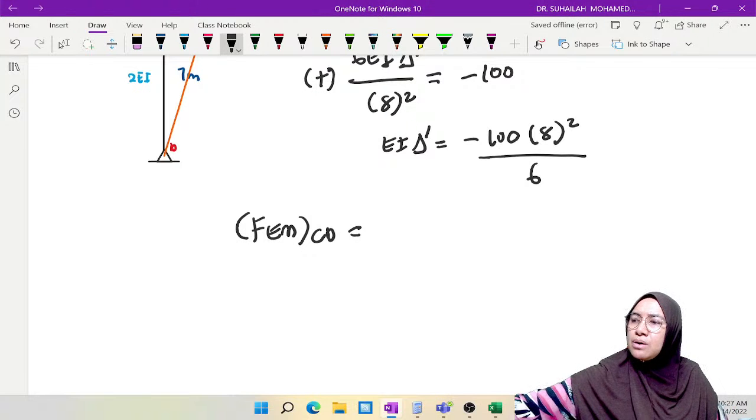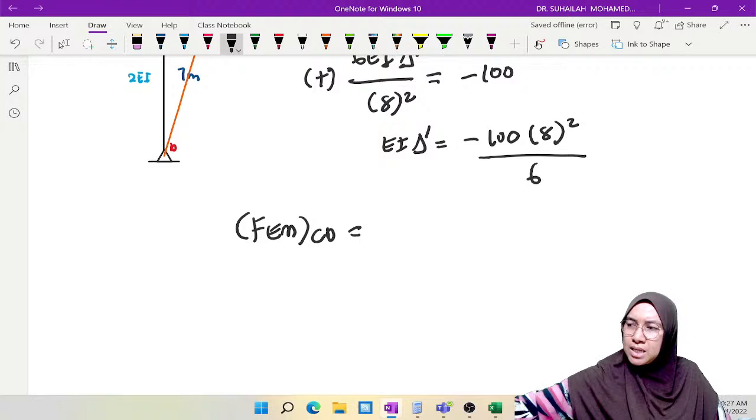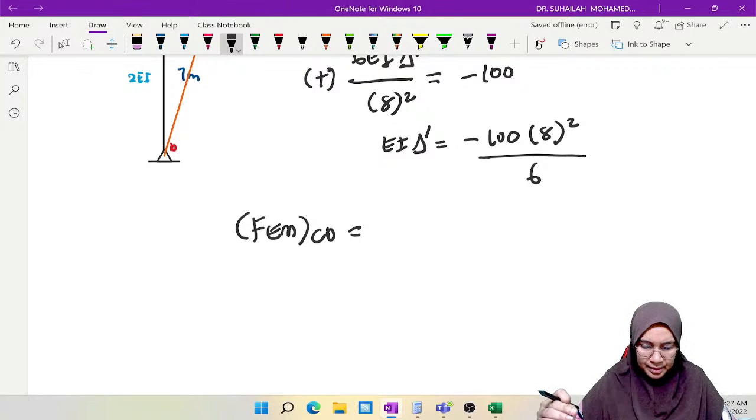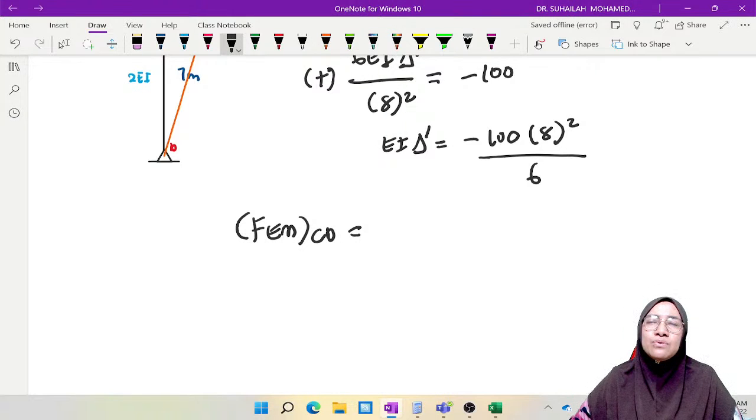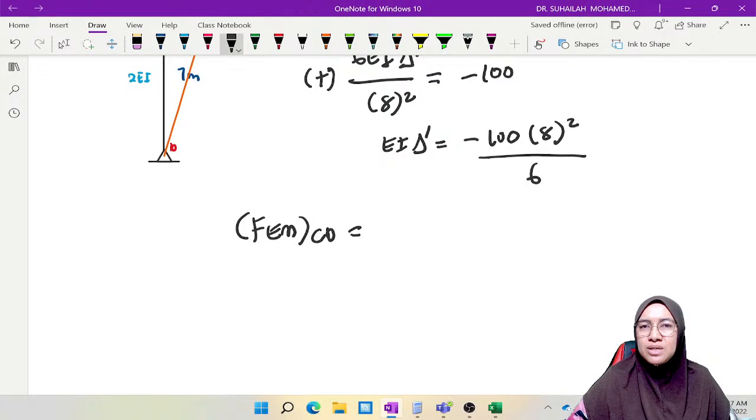For this question, since D is a pin, we only get moment at CD. So we will use 3EI, not 6EI. Actually, we can also use 6EI, but we have to make some modification in the table.